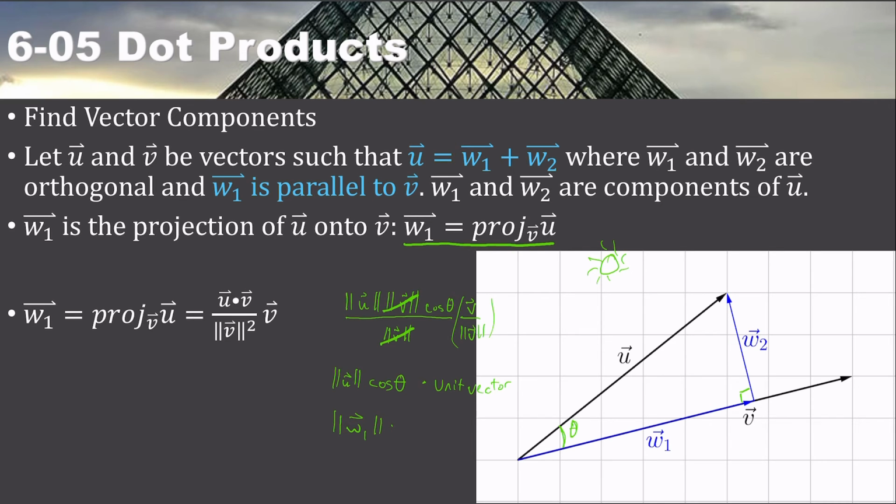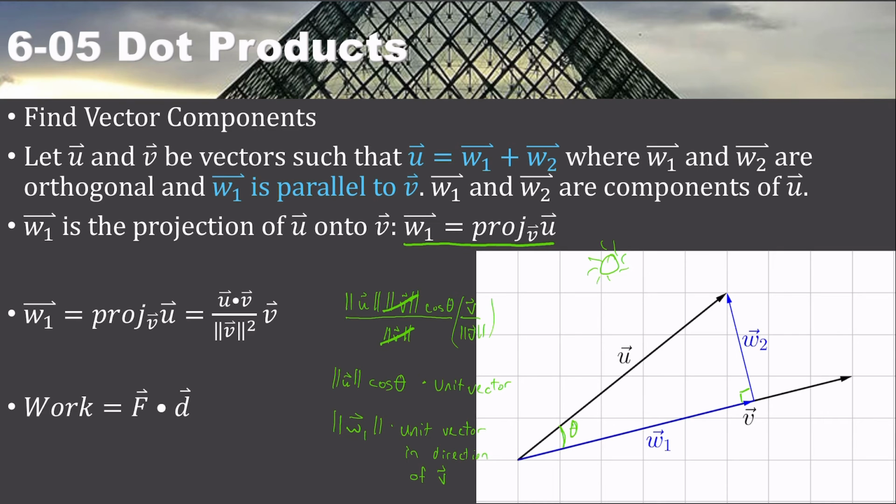So what we have is the length of u times a unit vector in direction of v. So in other words, the magnitude gives us the length, and the unit vector gives us the direction, and that's how it works.